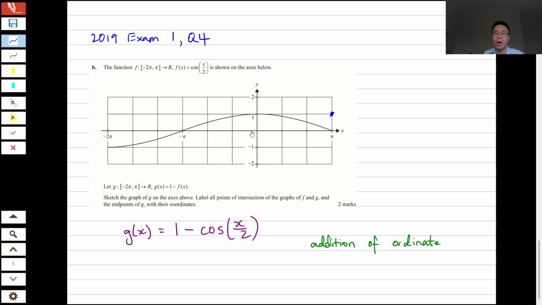And then if I take 1 plus negative 1, I get 0. These 2 y values are the same. So these 2 y values will be the same. So I get another point here. And now if I make this negative, I get to positive 1. And then if I add 1, I get a point up here.